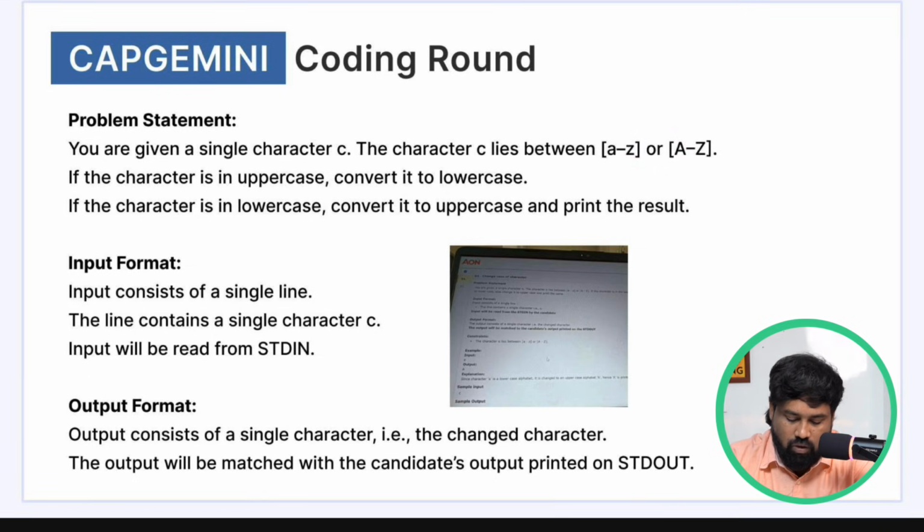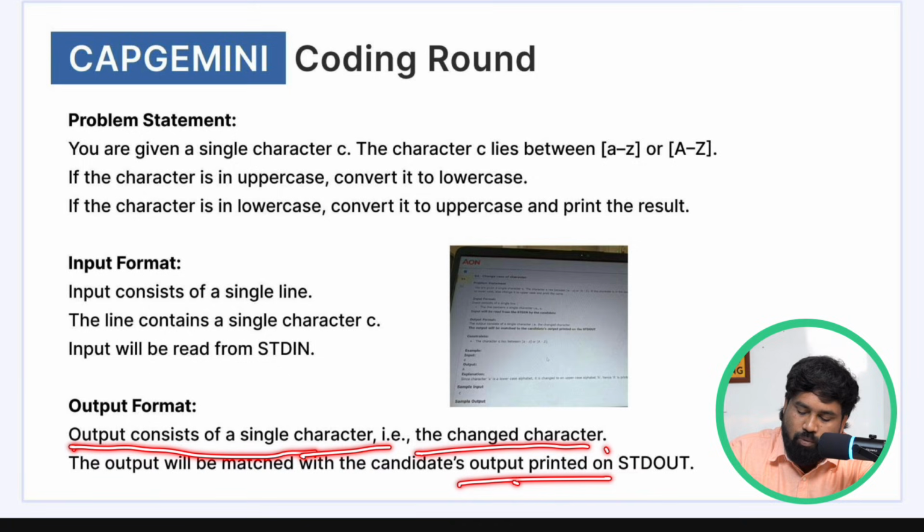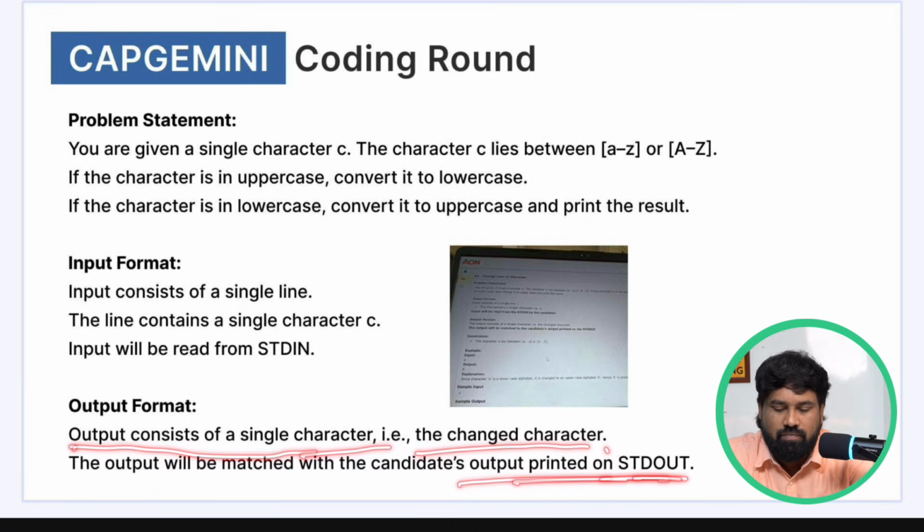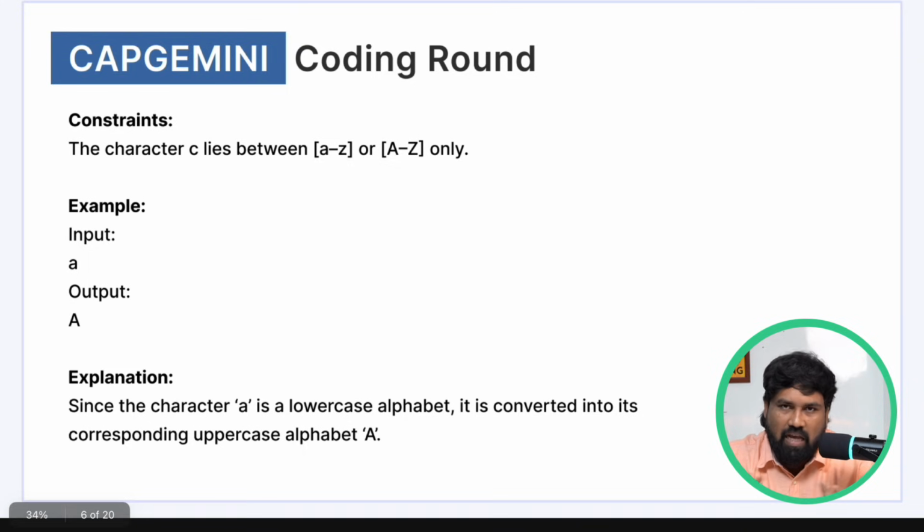Simple. The input consists of a single line, so we only have to take one single line of input, and the line consists of a single character, which is a kind of string. Input will be read as stdin, and the output must consist of a single character, the changed character, printed to stdout. This is the simple problem statement they have given.